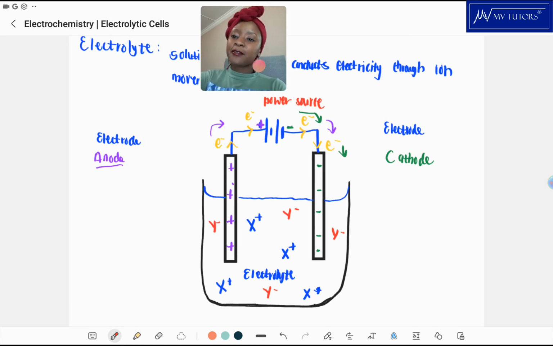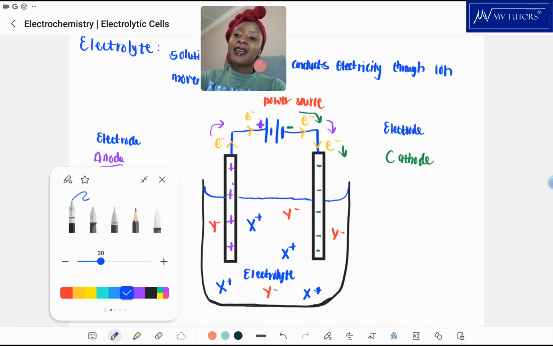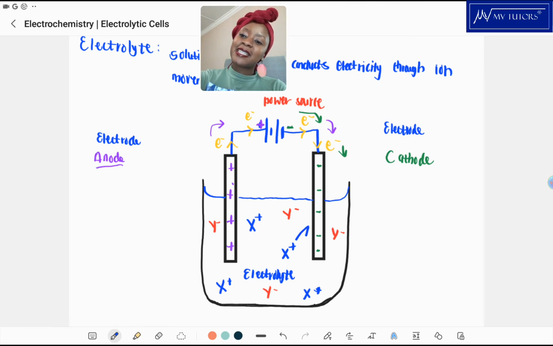So your positive ions, your cations, migrate all the way and attach to your cathode.